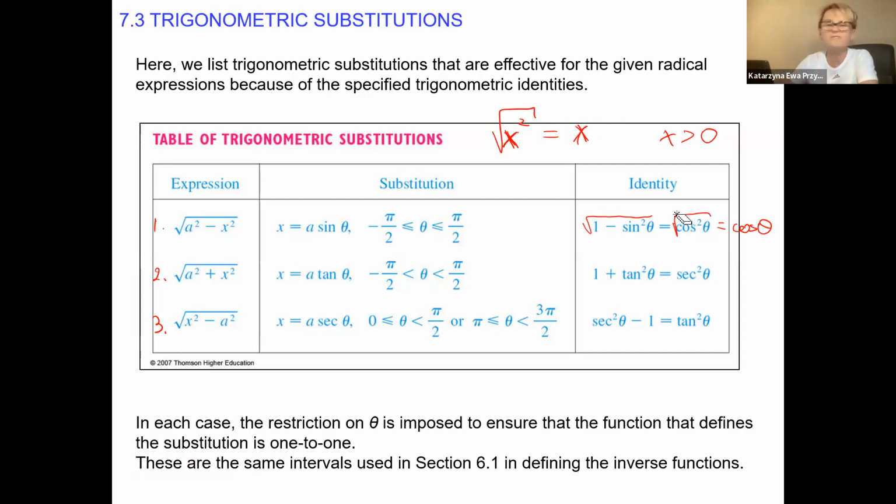Cosine theta or secant theta or tangent theta is positive because we do have a certain domain restriction since we're involving the inverse of all of this.